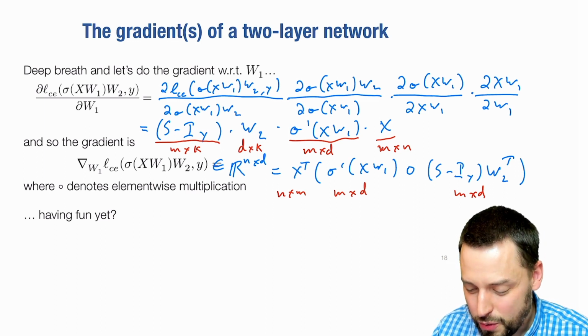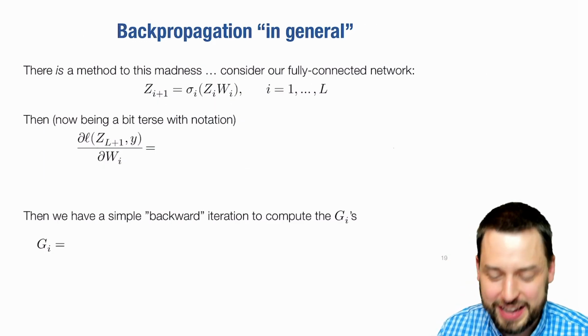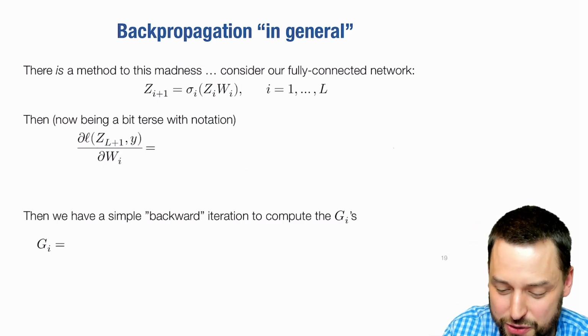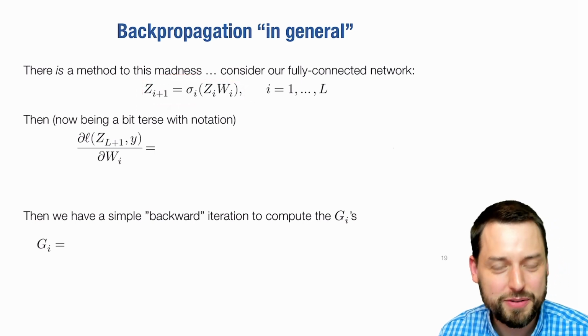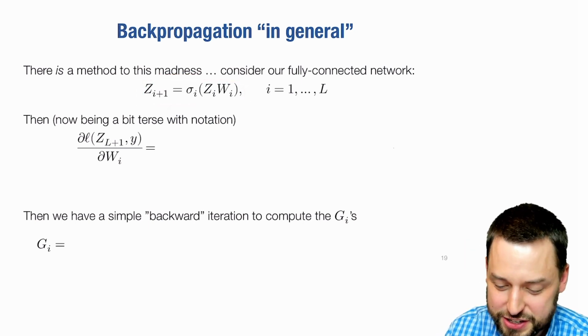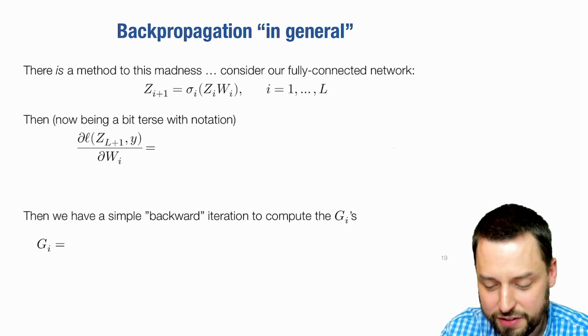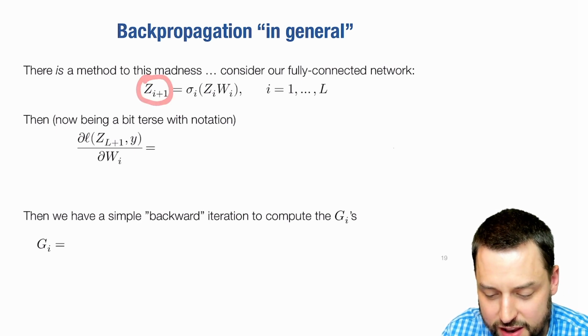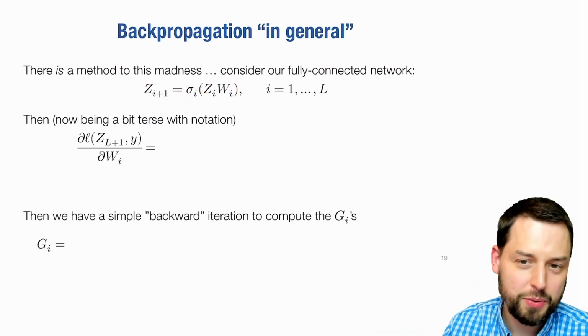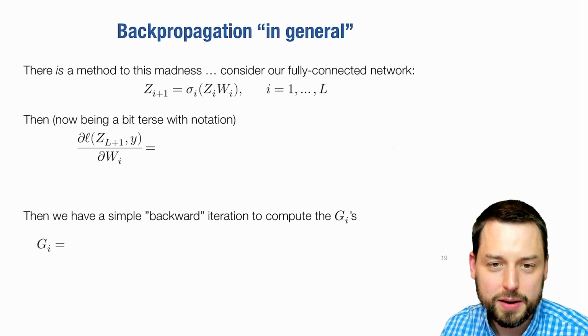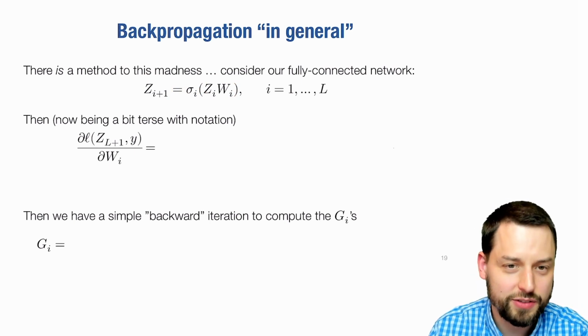So suppose we want to do the same thing for an arbitrary feed-forward neural network like we talked about at the very beginning. This is a network where z_{i+1} is some nonlinearity applied to a linear function of the previous layer, up to L layers, and eventually the output of the network is just going to be the L plus 1th layer in this notation.